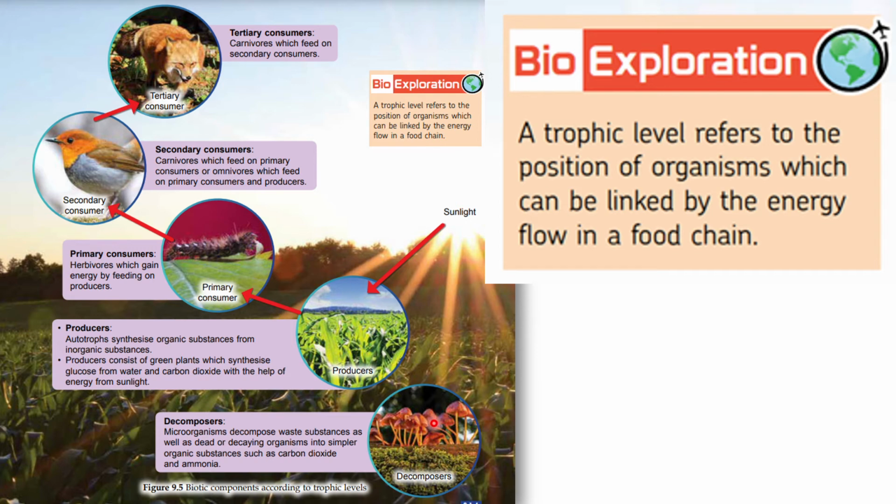They are the saprophytes, microorganisms that decompose waste substances, as well as the dead decaying organisms, into simpler organic substances such as carbon dioxide and ammonia. They are the pengurai lah. Mereka adalah pengurai, decomposers. They are also one of the biotic components, which is very important.